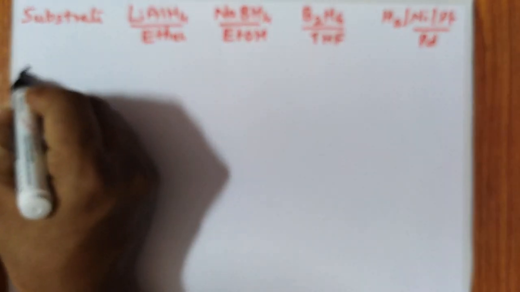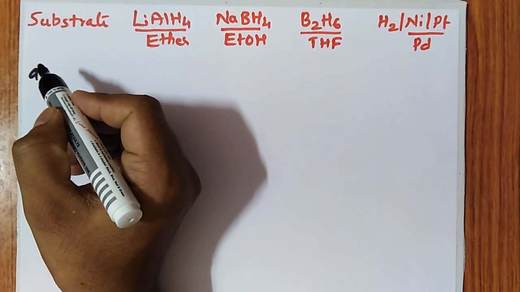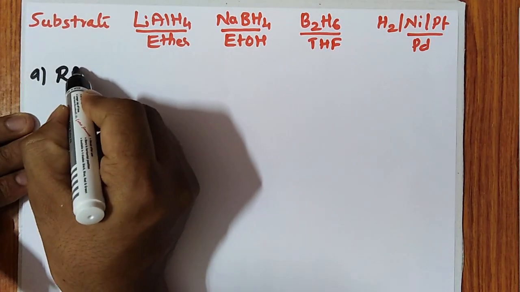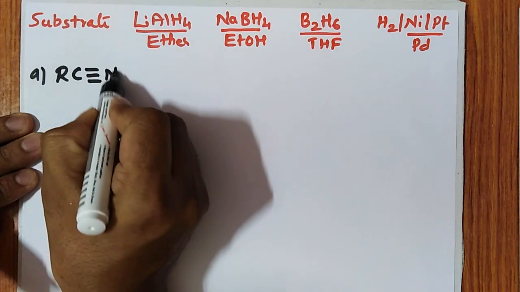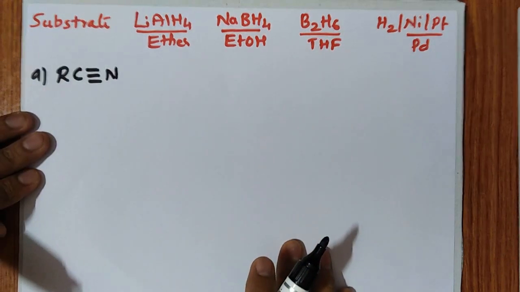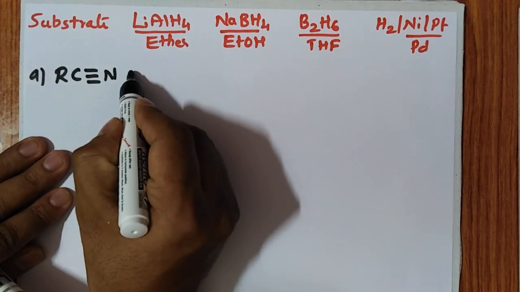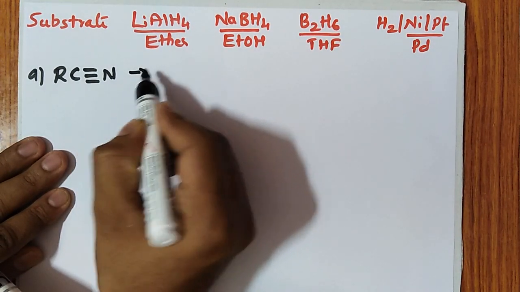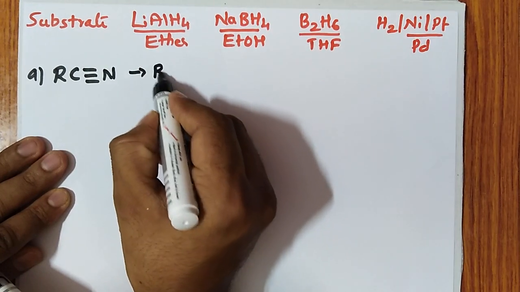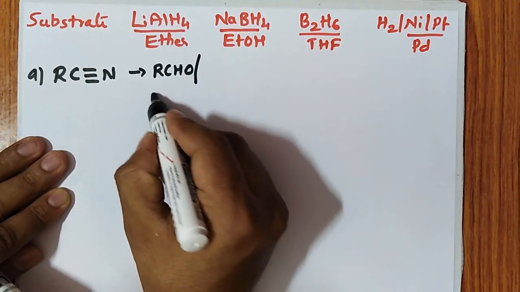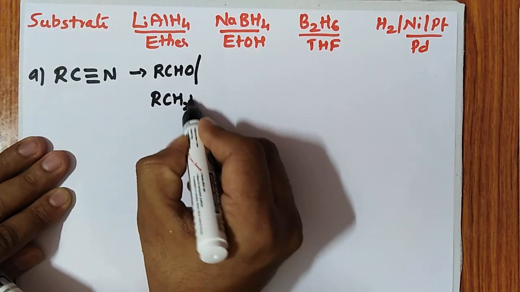Now we'll consider the ninth one. In case of the ninth one, remember I will consider cyanide, RC≡N. If you consider cyanide, very important, in this case you are going to get, remember, RCHO or RCH2NH2.